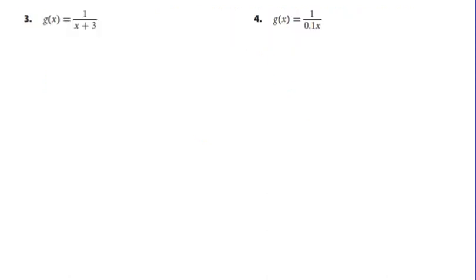Let's go on to the next odd number problem, 3. We have g(x) equals 1 over x plus 3. In this case, we have x plus 3 in the denominator, and in order for this function to be x plus 3, h has to equal -3.